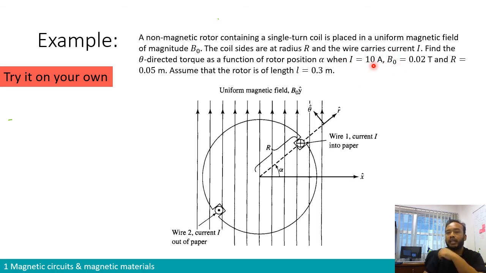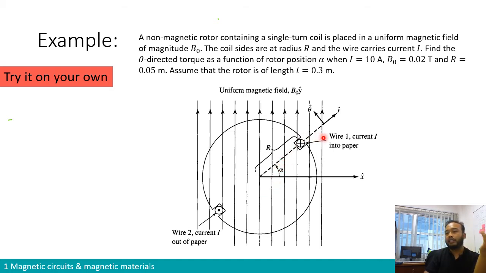The current I equals 10 amps, the magnetic field B naught inside which the rotor is placed equals 0.02 Tesla, and the radius of the rotor equals 0.05 meter, so 5 centimeters. Assume the rotor has length L of 0.3 meter. The length of the rotor means in depth: the length of the coil along the axis going into the paper equals 0.3 meter.